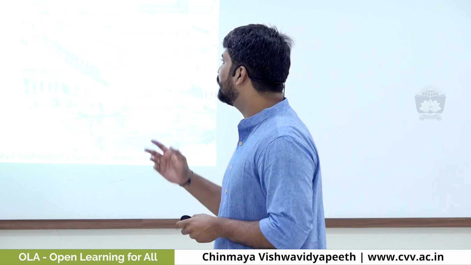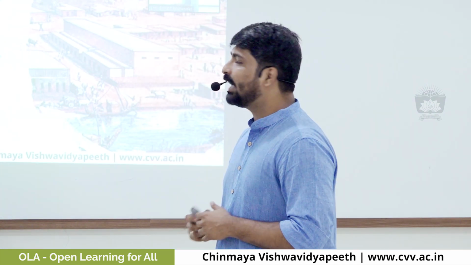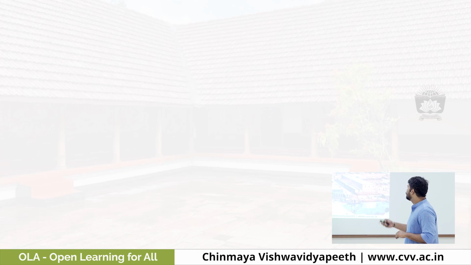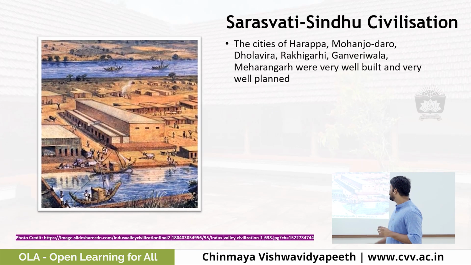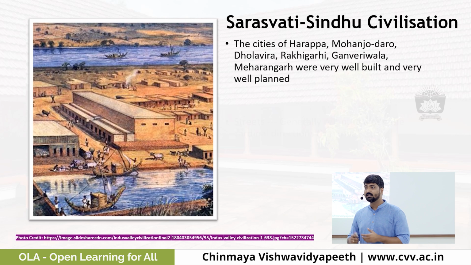Now, this is an example of what kind of planning and organizing the cities of Harappa, the cities of Mohenjo-daro, Harappa, had. This is only one of the samples from what the Sindhu civilization is all about. If you see the whole city landscape of the Harappan civilization, be it the cities of Harappa, Mohenjo-daro, Dholavira, all these are cities, and we have learned so much about them in 6th standard, right?